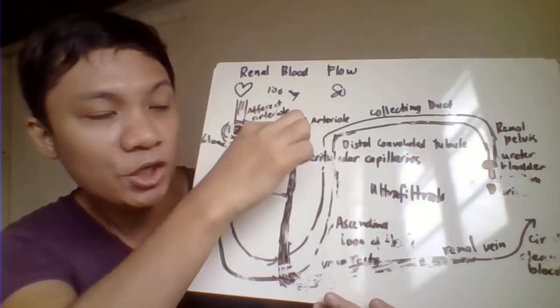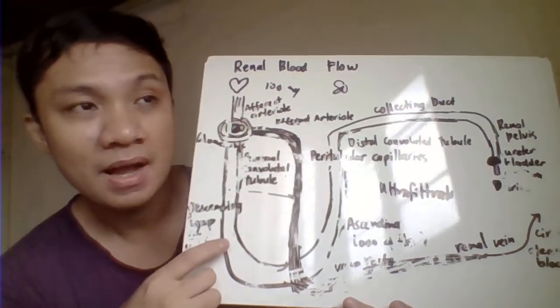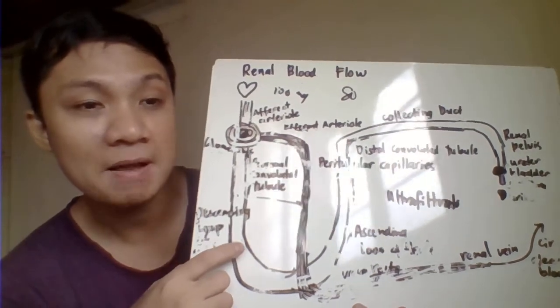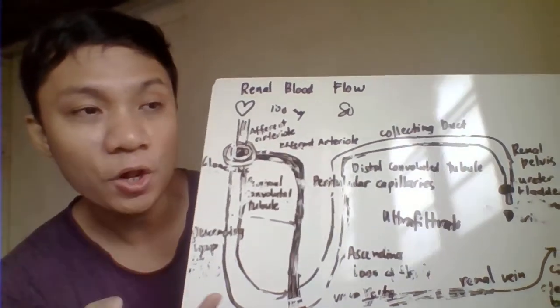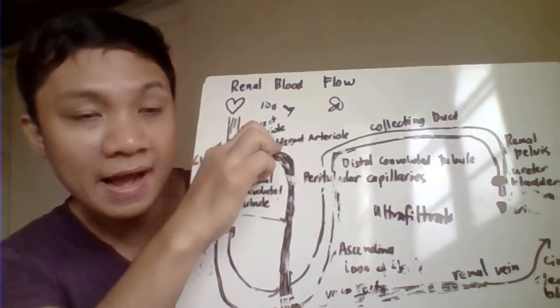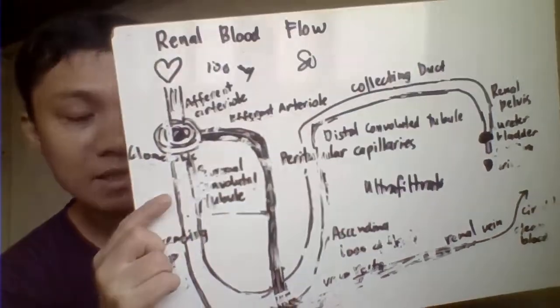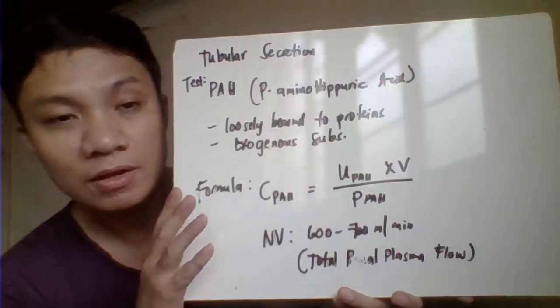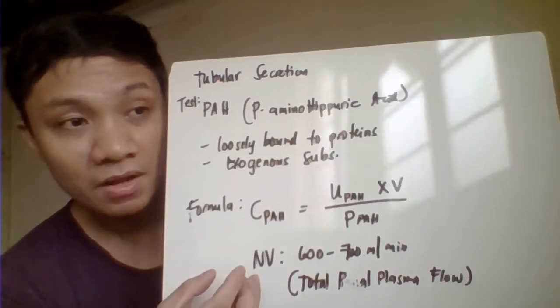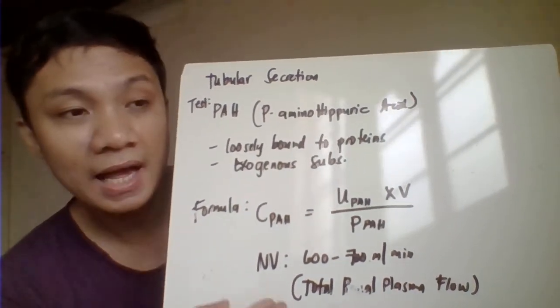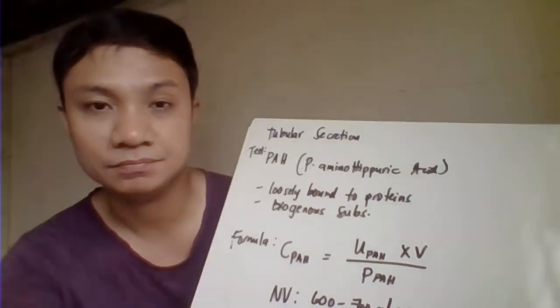That's why, doon nakabase ang normal values ng ating para-aminohippuric acid, because not all your total volume of blood come in contact with this area. Kasi ang iba ay dito pumunta. Therefore, try to adapt here the normal values of your total plasma flow.